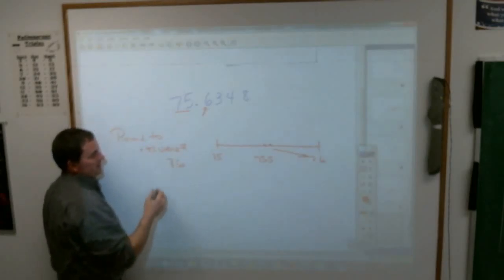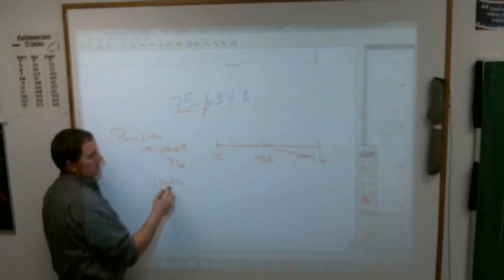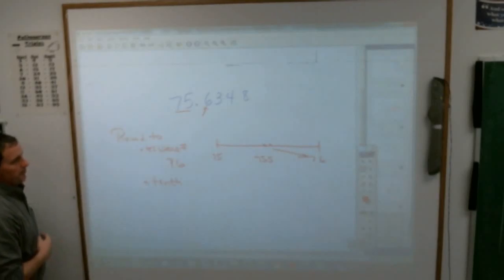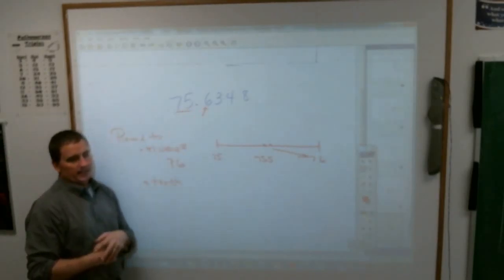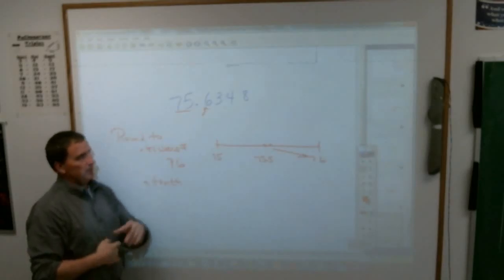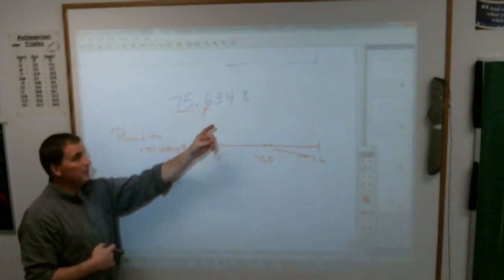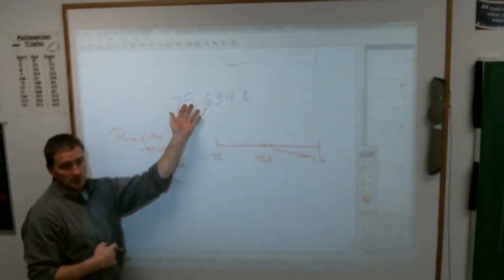Okay, let's take that same number and round it to the nearest tenth. If I look at that number there, 75.6348, and I ask you to round it to the nearest tenth, which is that 6, my choice is either going to be 75.6 or 75.7.